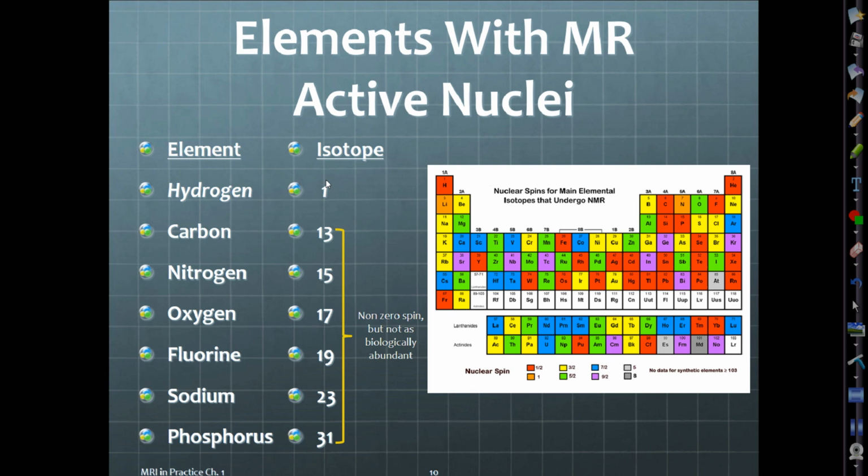They're odd, right? Meaning you have a different number of protons versus neutrons. So that's important. You have an unbalanced nucleus, and it gives it net spin. But you can see here carbon, nitrogen, oxygen, fluorine, sodium, and phosphorus. Why do you think those aren't imaged in MRI?